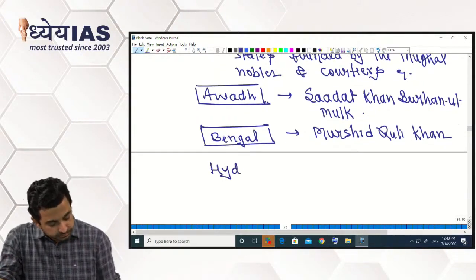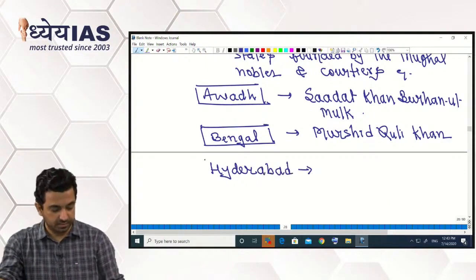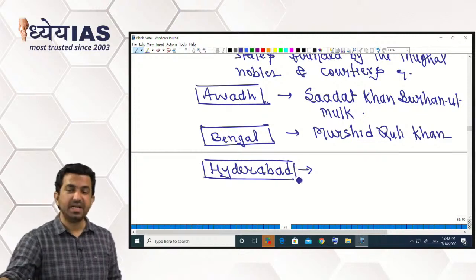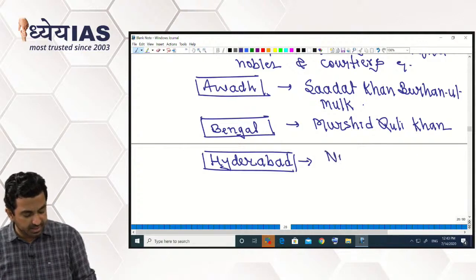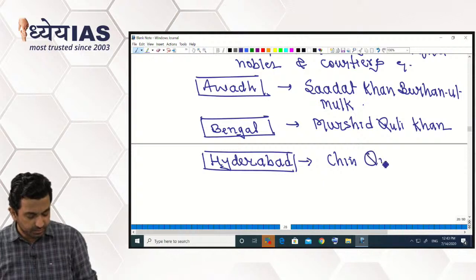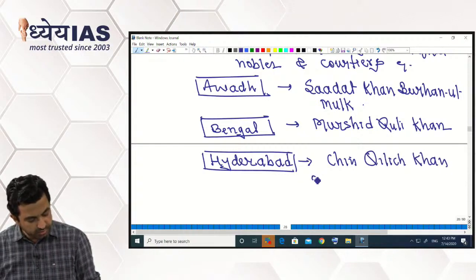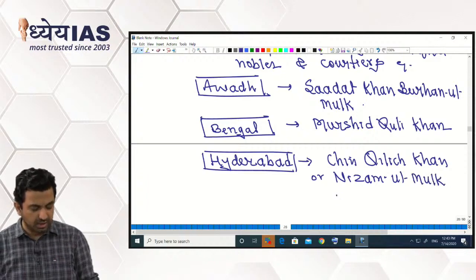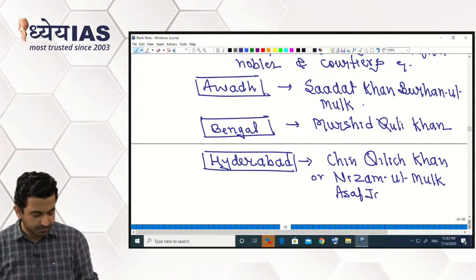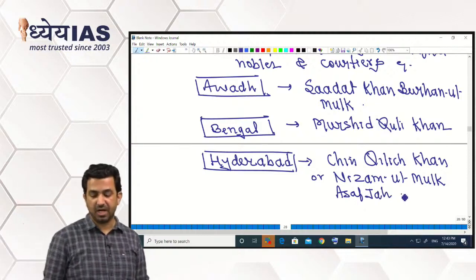And Hyderabad, another semi-independent state of Hyderabad, was founded by a noble named Chin Kilich Khan, or he was also known as Nizam ul Mulk. Nizamul Mulk Asaf Jah.